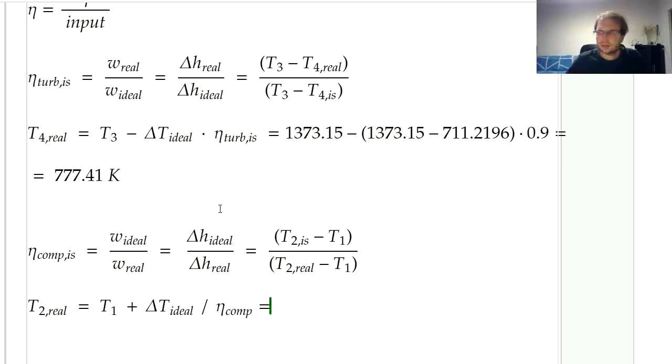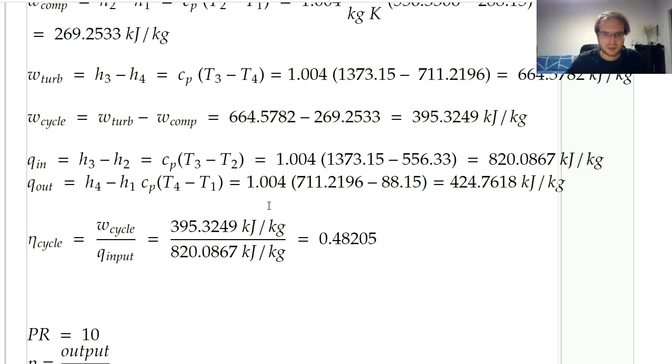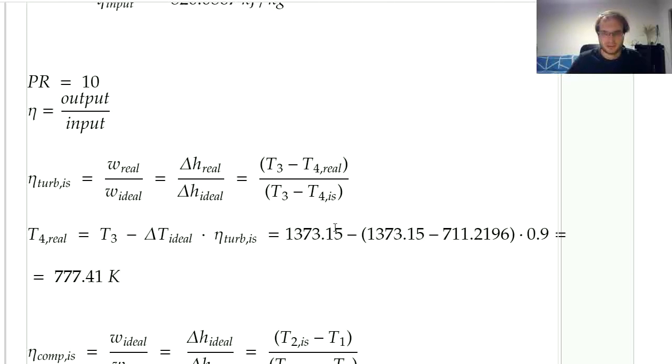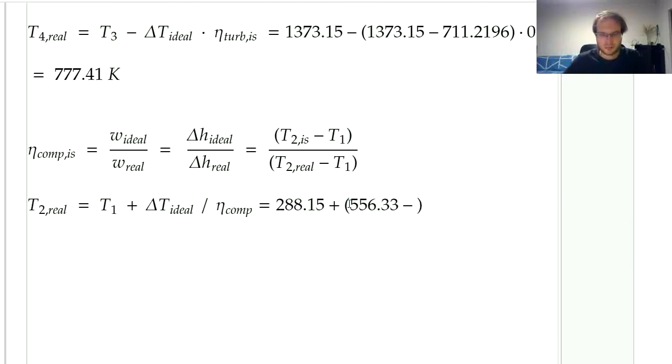So temperature T1 was 288.15 plus now the temperature difference, temperature 2 was 556 Kelvins, minus 288.15, and this difference in temperatures needs to be divided by the compressor efficiency, 80%, so that this member will get higher, and you will see that the outlet of the compressor is at a higher temperature.